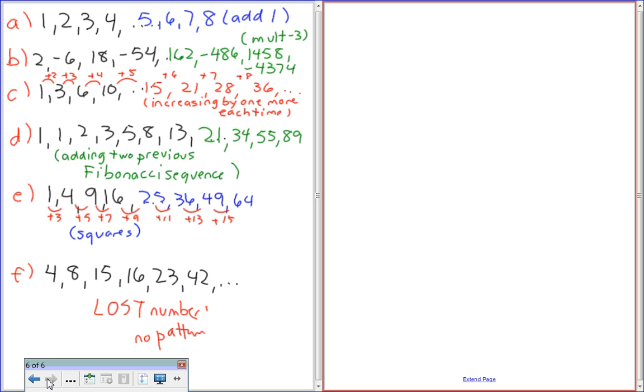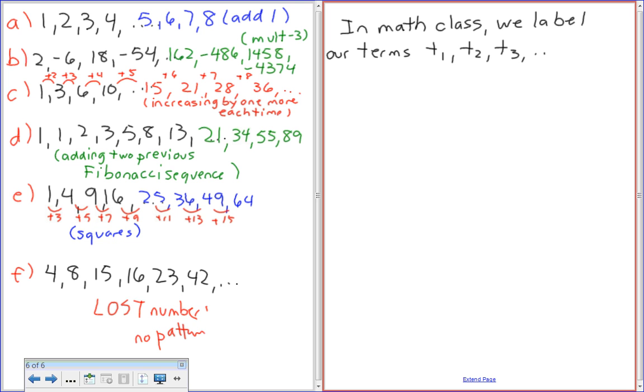So we're going to say in math class, we label our terms. T4 equals the 4th term. T11 equals the 11th term.